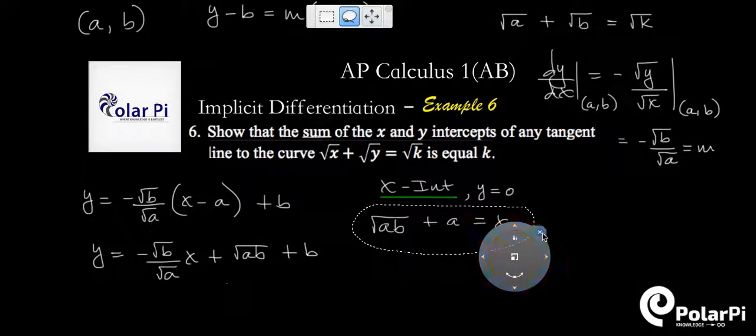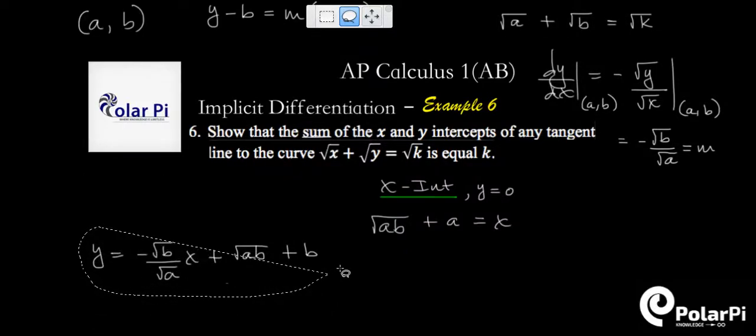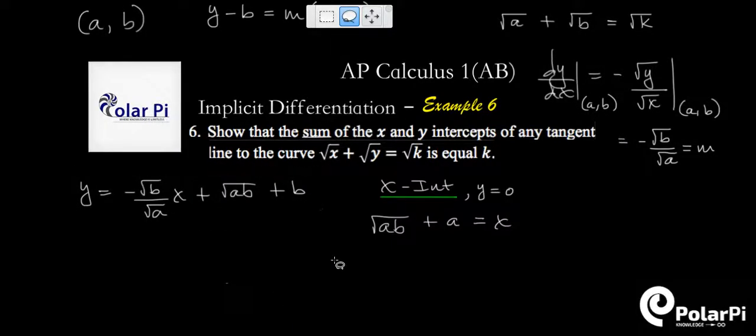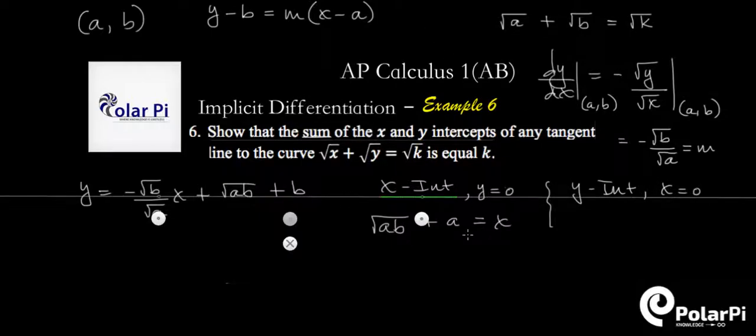All right, and now time to find the y-intercept. And we don't need this here, so let's get rid of this. And to find the y-intercept, it's pretty clear what we're going to do. And that is make x 0, right? So for the y-intercept, x is equal to 0, and stay consistent. Okay.